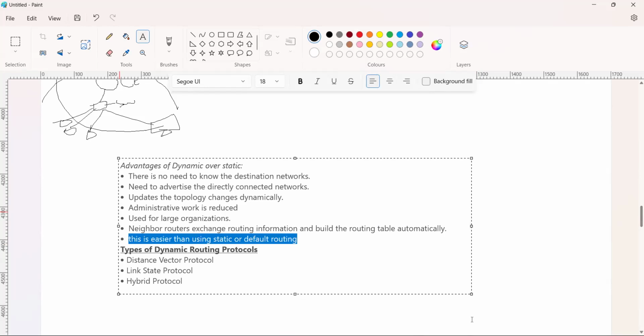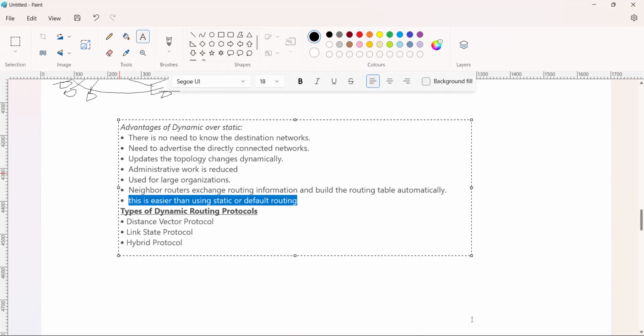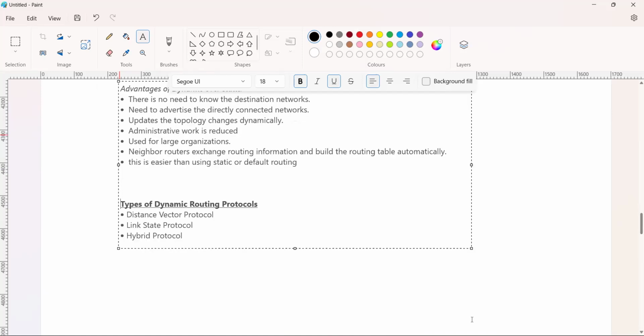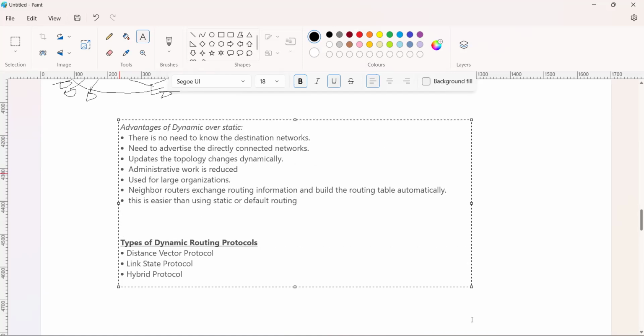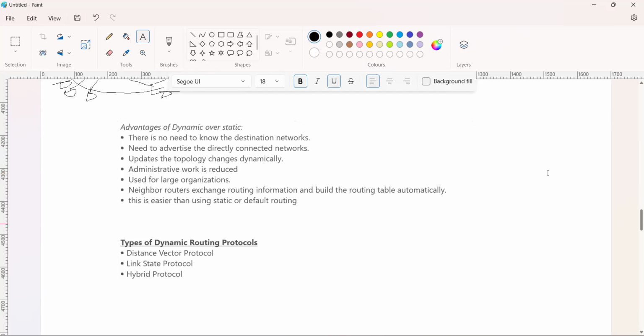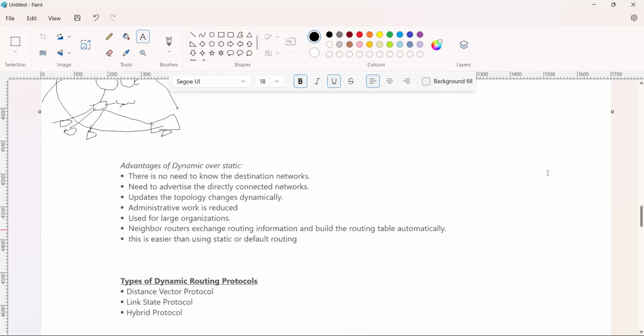Now we'll discuss the types of dynamic routing protocols. These are the advantages. Any doubts up to here?